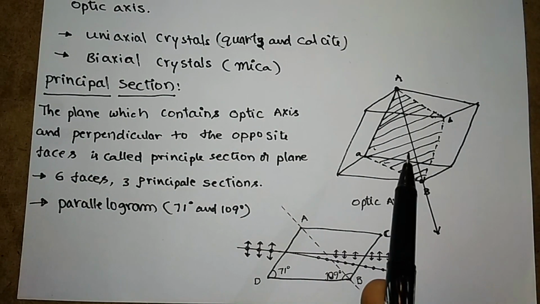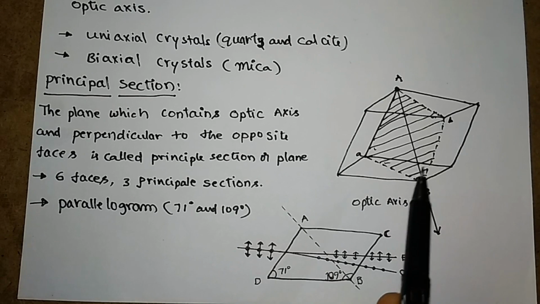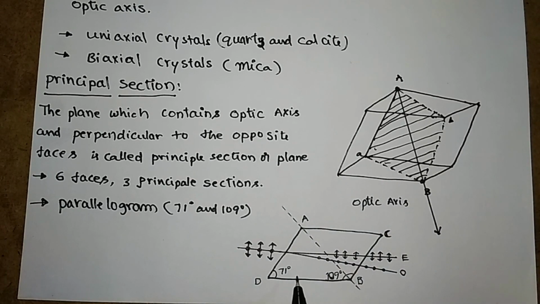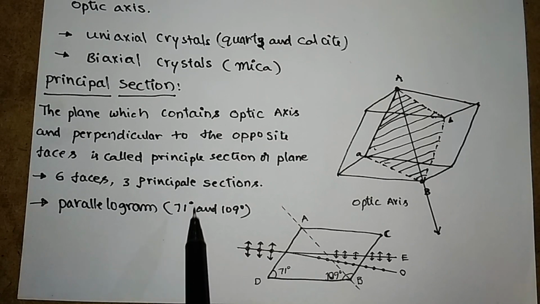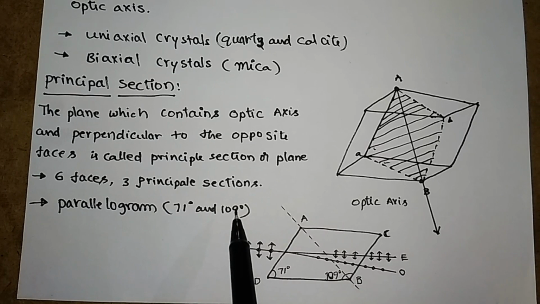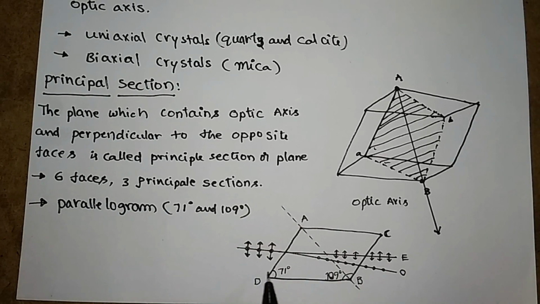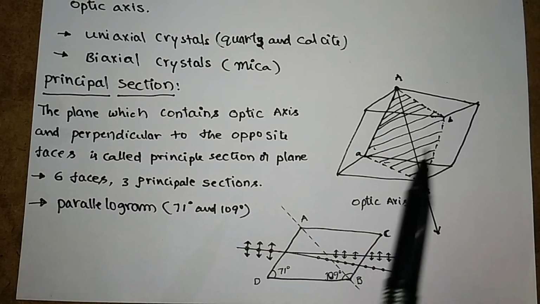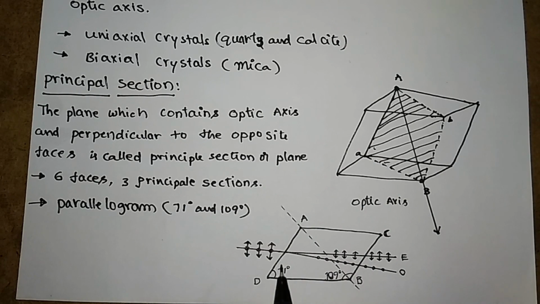So the principal section cuts the crystal surfaces into a parallelogram. That parallelogram has angles of 71 degrees and 109 degrees. Okay, here is the parallelogram formed from the calcite crystal. Here are the angles 71 degrees and 109 degrees, passing through the optic axis AB.